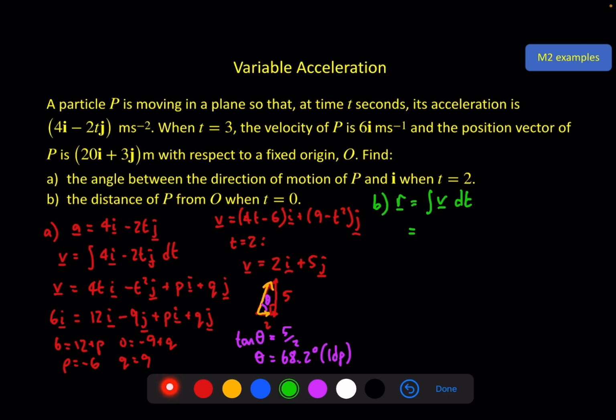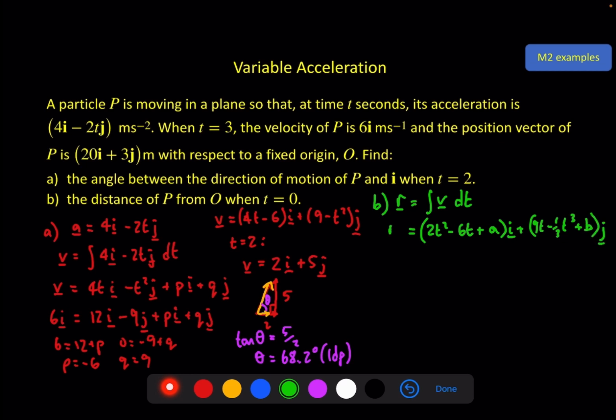And this time, instead of putting p and q at the end, I'll put them separately in their i's and j's all together. So for the i component, when we integrate this, we get 2t squared minus 6t plus, oh, I shouldn't really use p again. Let's say a, i plus 9t minus a third t cubed plus b, j.